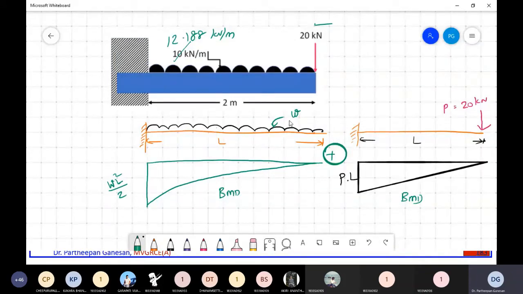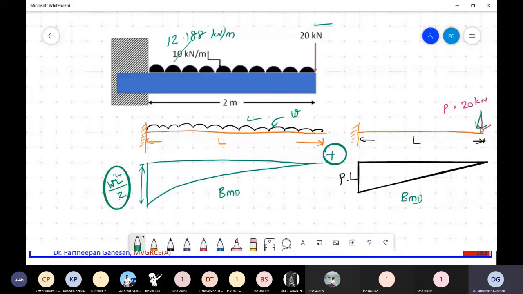For a cantilever beam subjected to UDL, the maximum bending moment at the fixed end is wL square by 2. If you have only a point load at the free end, the bending moment at the fixed end is P into L. If you add these together, you will get this.